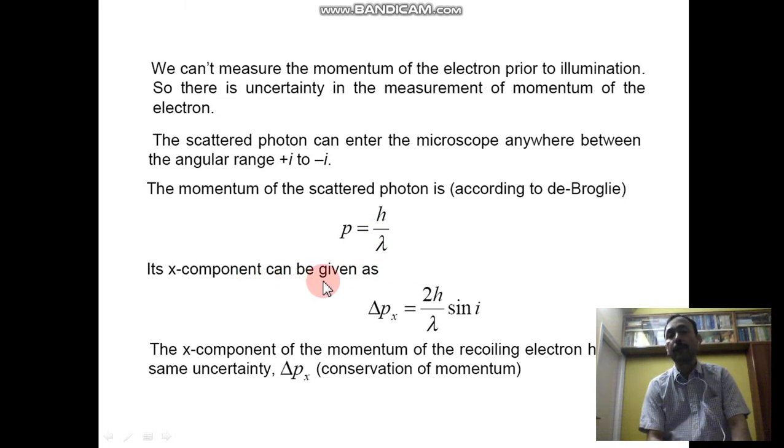Its x component can be given as delta px equal to 2h by lambda sin I. The x component of the momentum of the recoiling electron has the same uncertainty delta px. It will definitely follow the conservation of momentum.